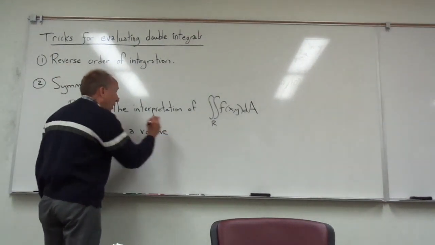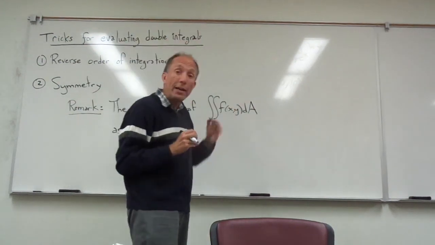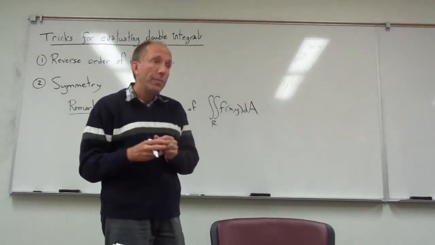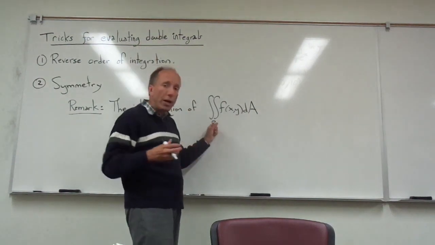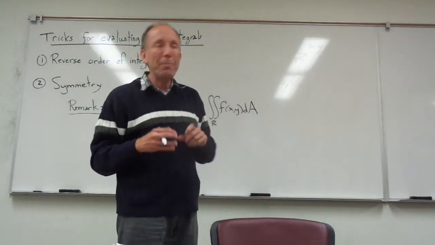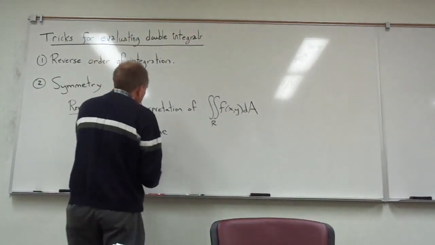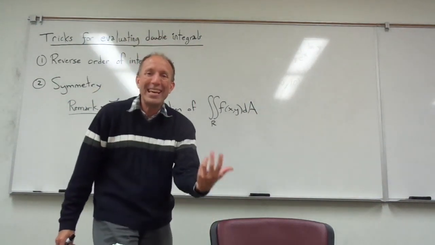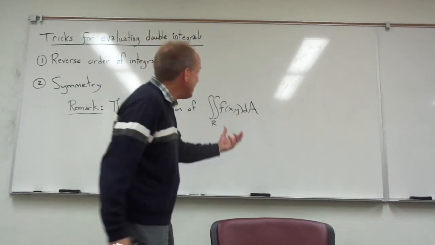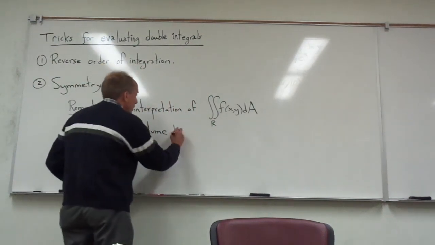But it turns out that if our function, f of x, y, is negative, even if it's only partially negative for part of the time on the region R, maybe it's sometimes positive, sometimes negative, then if our function goes below the xy plane, if z is negative, then this interpretation breaks down.